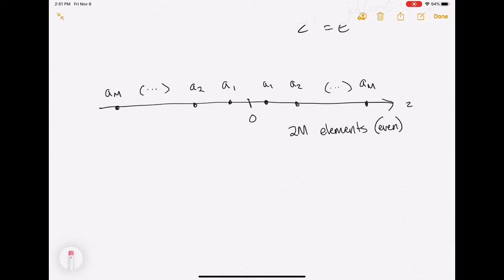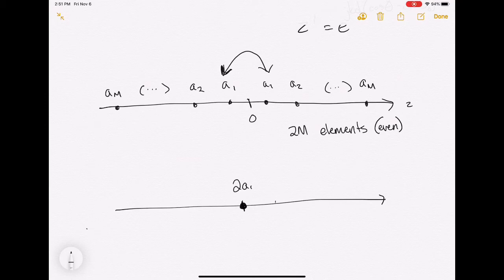If you want to have an array with an odd number of elements, you can do it the same way. You just put the two index 1 elements right here on top of each other. So you make that 2A1 like that.